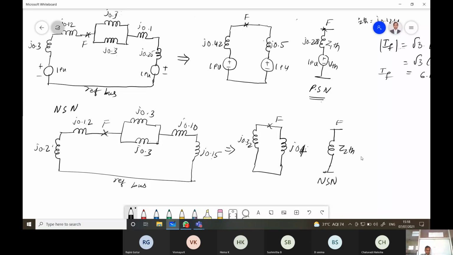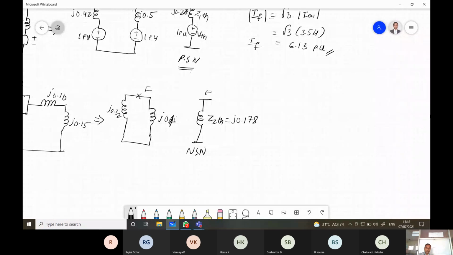How much is it? J 0.178. So now draw the combined sequence network, both positive and negative sequence networks combined together.